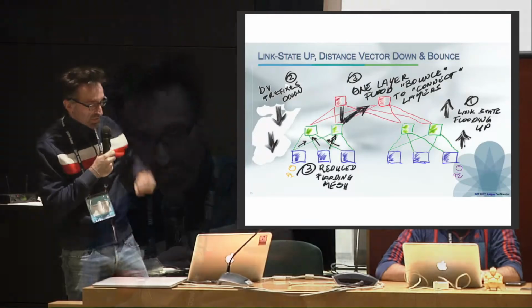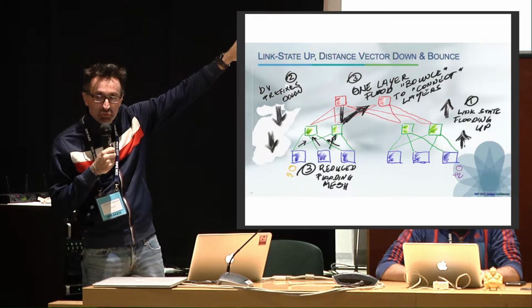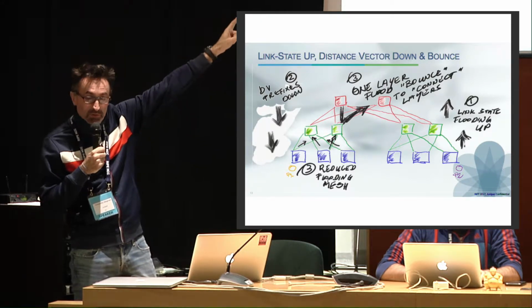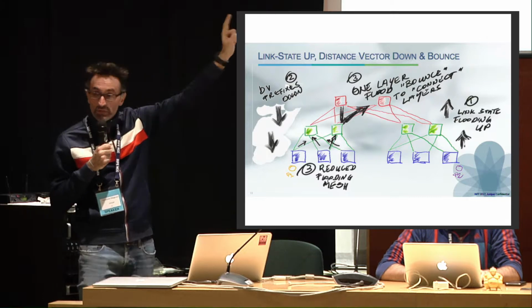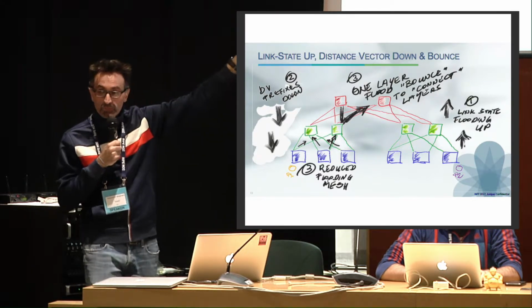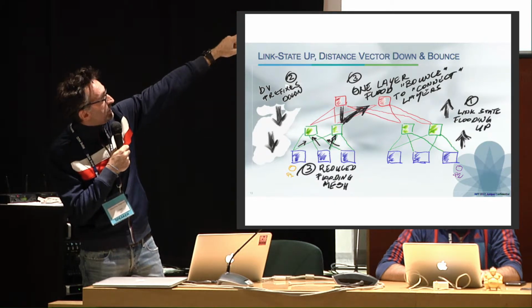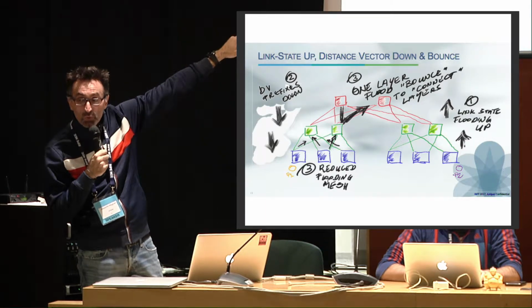But even though we don't use east-west links, we have this reflection feature that allows, in the case of this slide, the right red box to know about the left red box, even though there is no Rift neighborship between them. And the same happens on the green level by the reflection on the blue level.